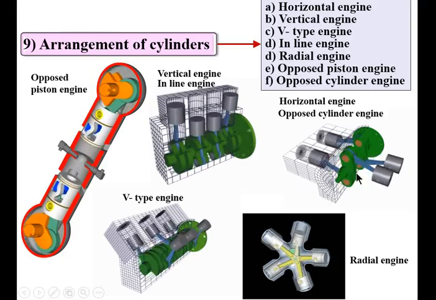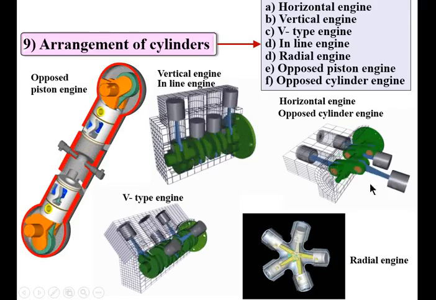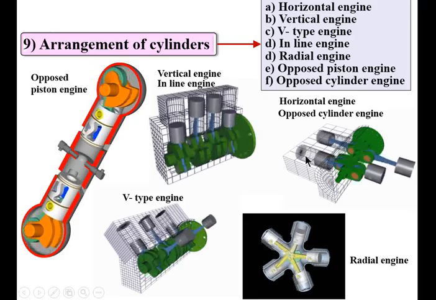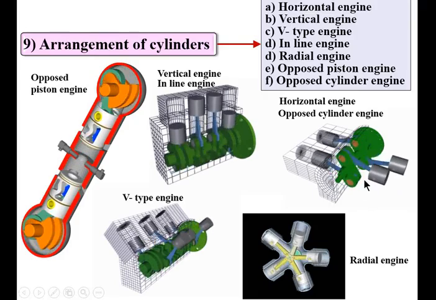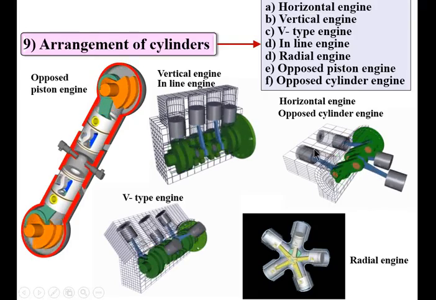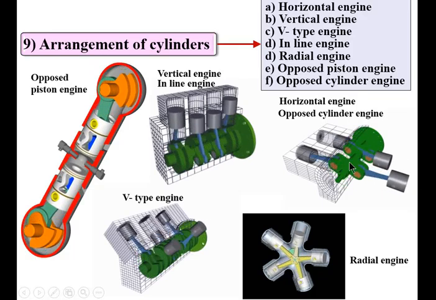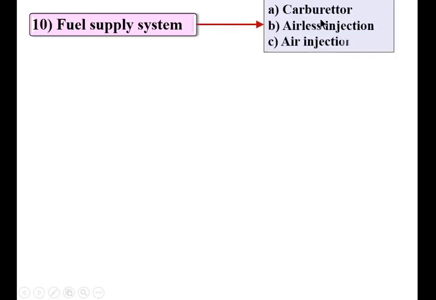Here you can see the cylinders are in opposite direction. That means both are at 180 degrees to each other, and so it is called the opposed cylinder engine.